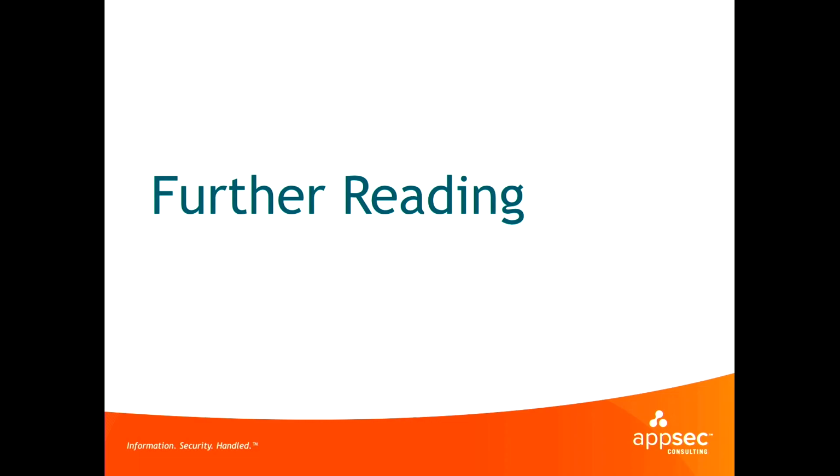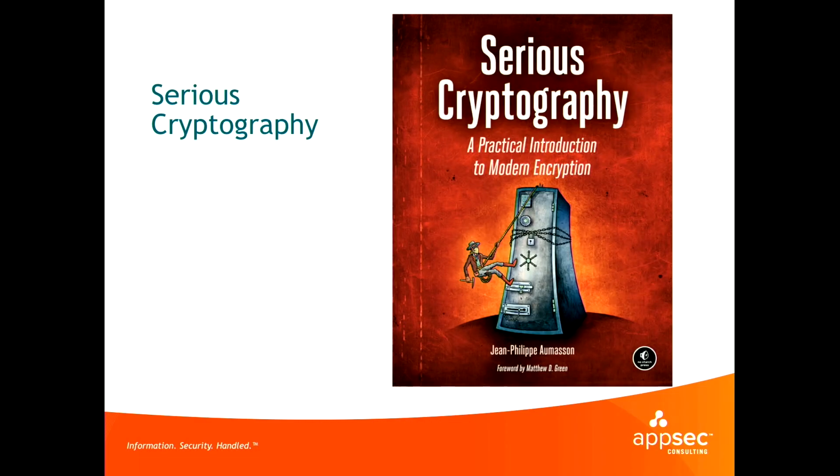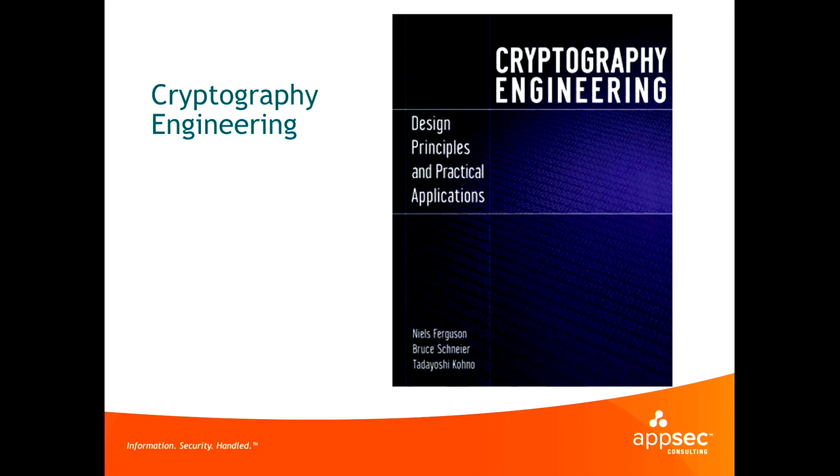If you would like to do some more research, if you'd like to do some more reading, there are a couple books I highly recommend. The first one is Serious Cryptography. This is currently the best book available on the market. If you don't have a copy, you need a copy. The next one is Cryptography Engineering, another excellent book. This isn't the one I would start with.